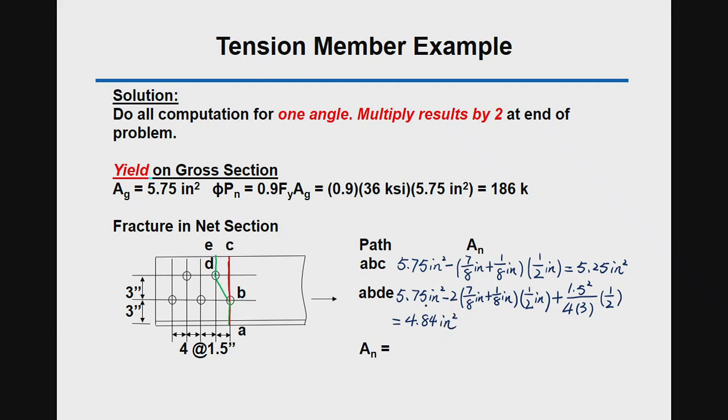The smaller one controls, so 4.84 square inches is the controlling net area and will be used to determine ϕPn based on fracture.